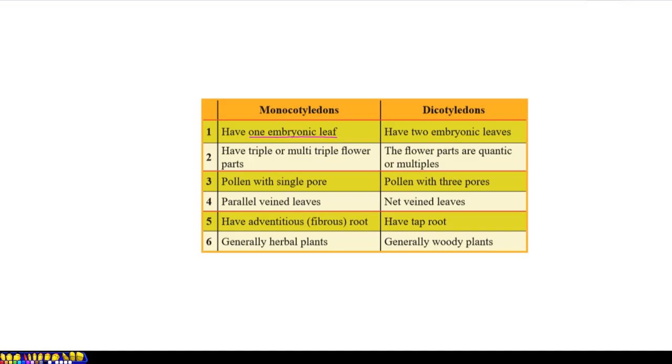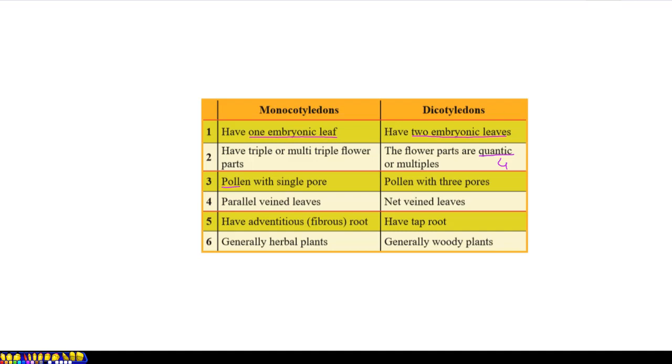It will be discussed later. And dicotyledons have two embryonic leaves. Monocotyledons have flower parts in threes or multiples of three, like three sepals or petals. But dicotyledons have flower parts in fours, meaning four and multiples of four, four calyx and corolla.